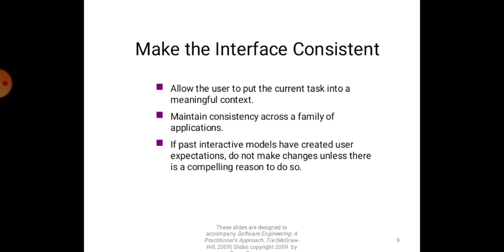Allow the user to put the current task into meaningful context. Students, you very well know that many interfaces implement complex layers of interaction with dozens of screen images. It is important to provide indicators, for example, window titles, graphical icons, consistent color coding, etc., that enable the user to know the context of the work in hand.